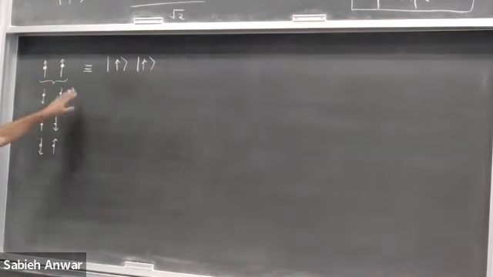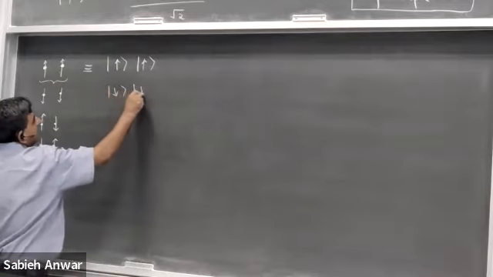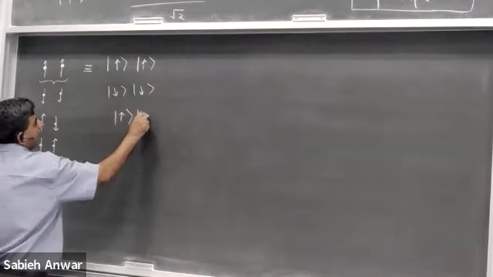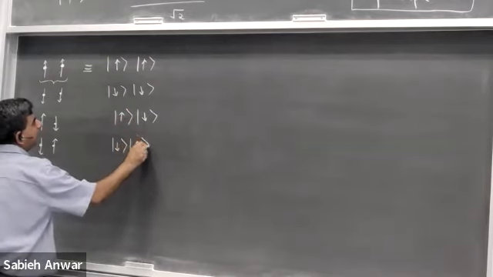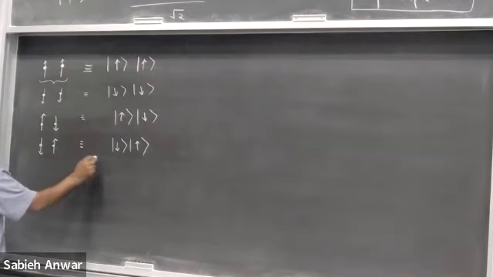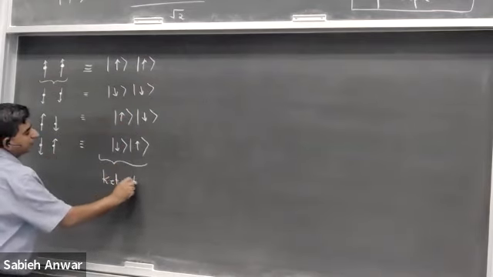So this is just another way of writing this diagram in ket notation. This would become ket down, ket down, ket up, ket down, ket down, ket up. Okay. So this is just the ket notation for the four diagrams that I've drawn.